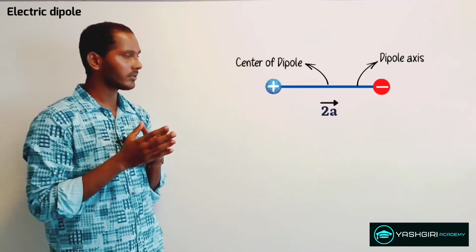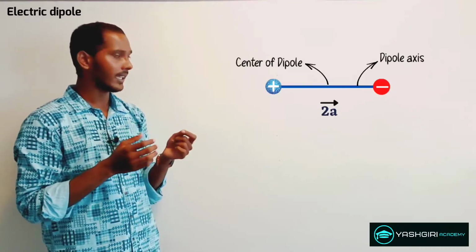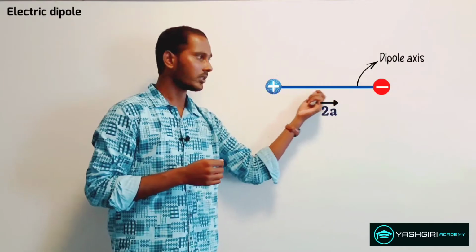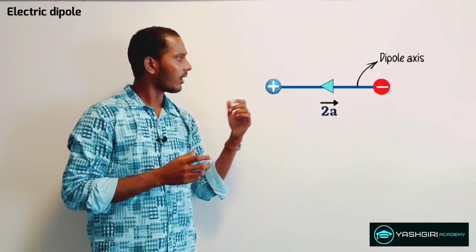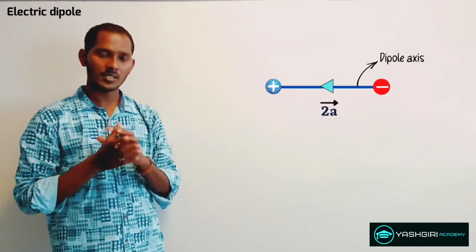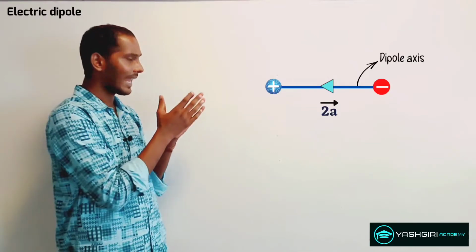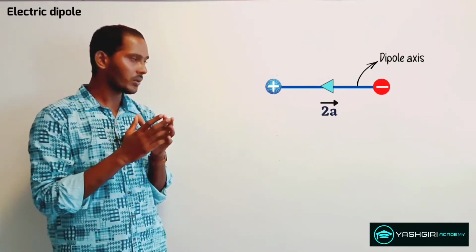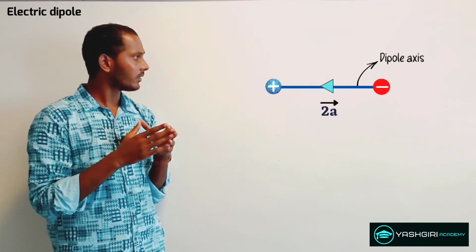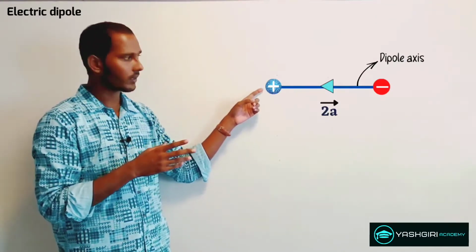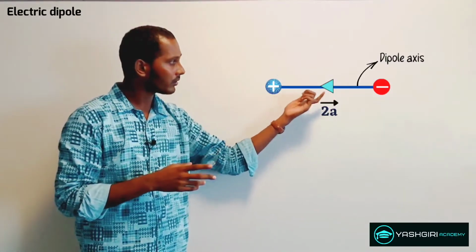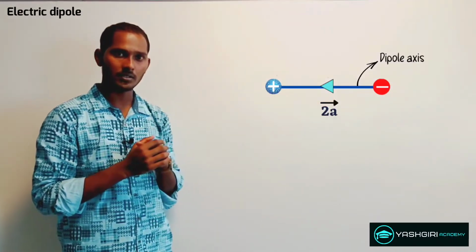Here the direction of this dipole is considered to be going from the negative charge towards the positive charge. And to measure the strength of this electric dipole, we have a dipole moment, whose magnitude is equal to the charge times the distance of separation between these two opposite charges.